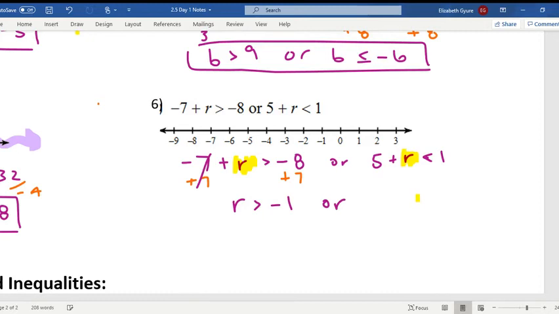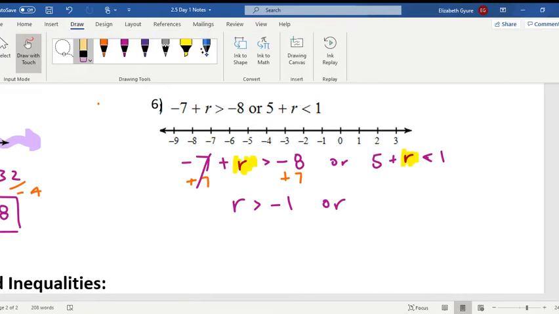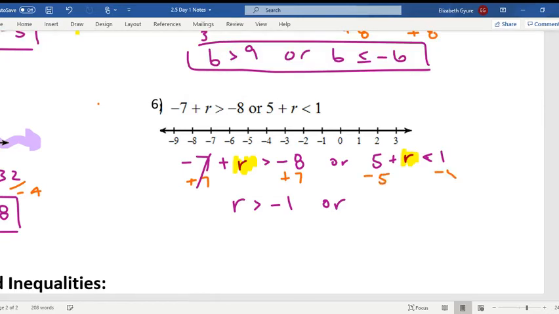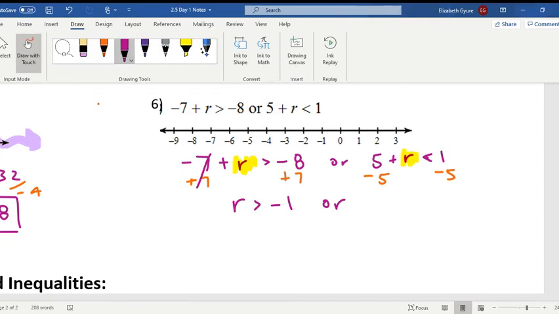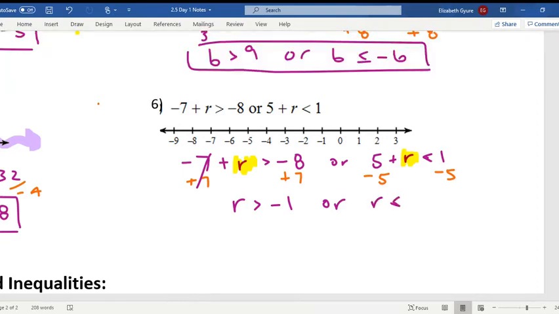Or, and then on the other side, we want to get rid of this 5. Any ideas on how we would get rid of this 5? We would subtract, good. So r is less than, what's 1 minus 5? -4.